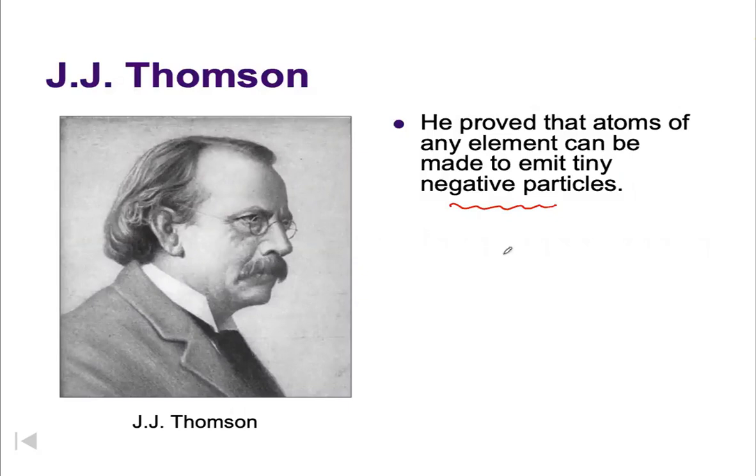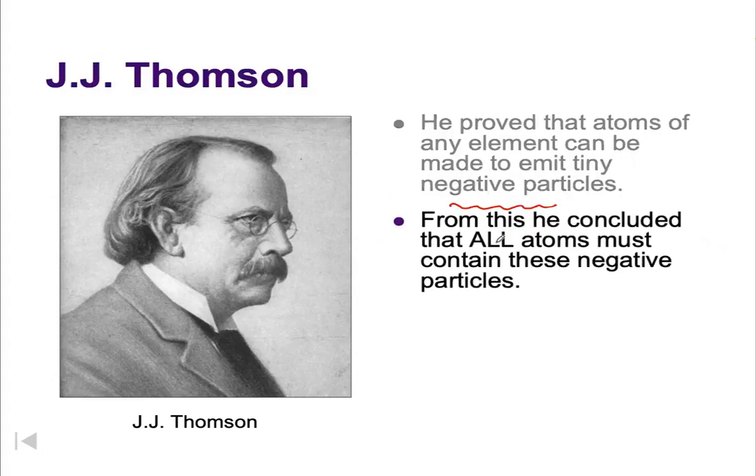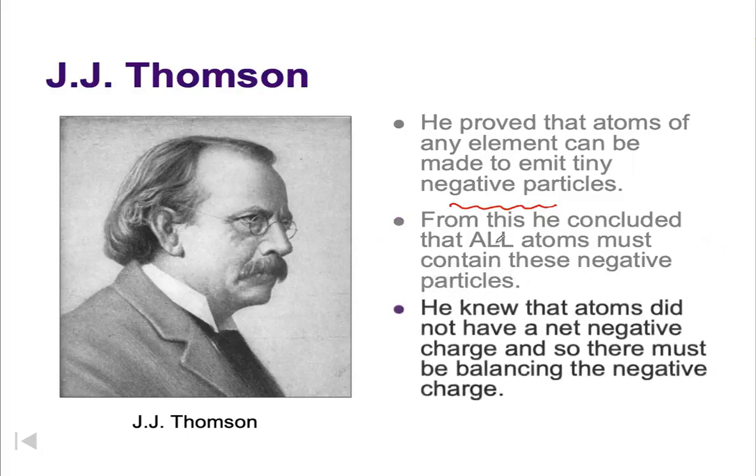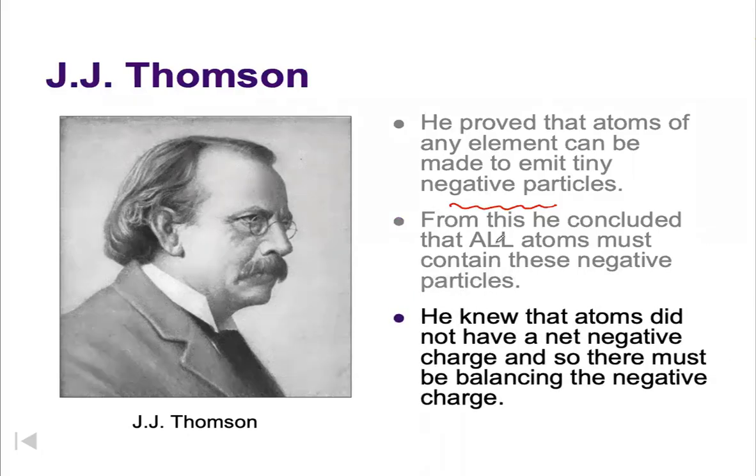He proved Dalton's theory wrong, and said that there are tiny negative particles coming out of the atom structure, and from that he concluded that all atoms must contain these negative particles. Whatever the atomic number, these tiny negative particles are present in all atoms. And he said that the atom does not have a net negative charge.